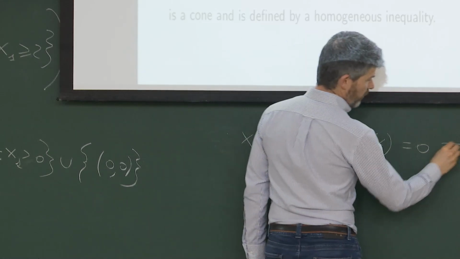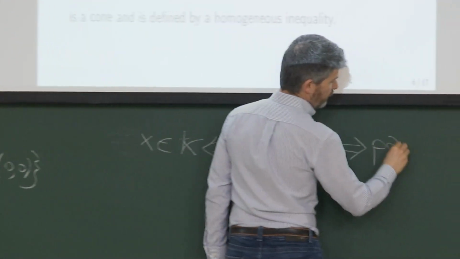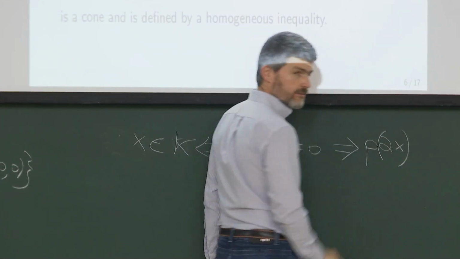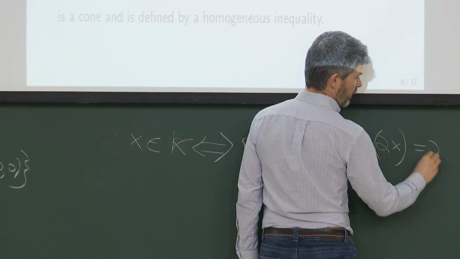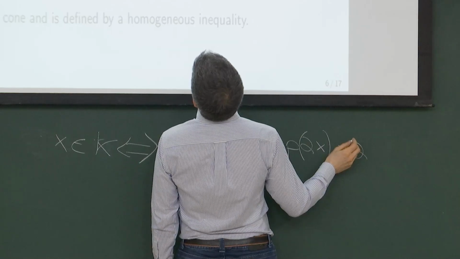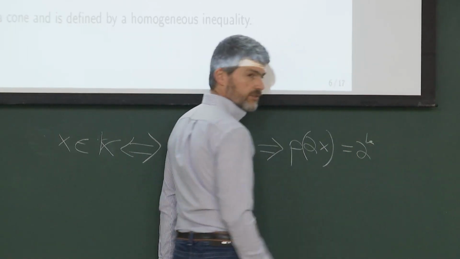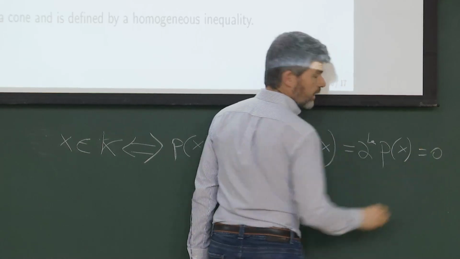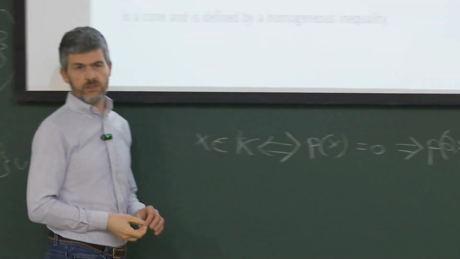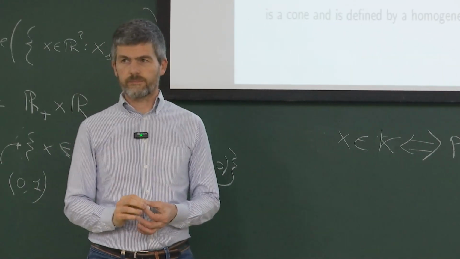But that means that p of alpha x, since every term has the same degree, is going to be equal to alpha to the k, where k is the degree of the polynomial, times p of x, equal to 0, so that point also belongs to the set.